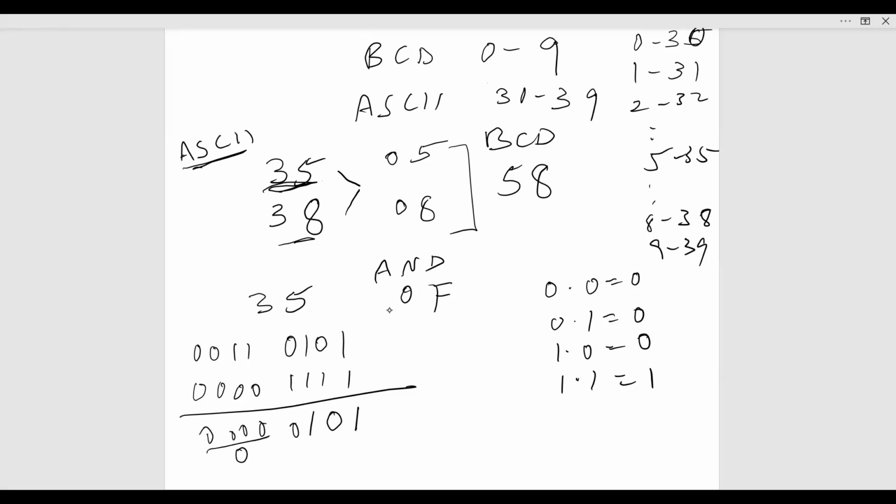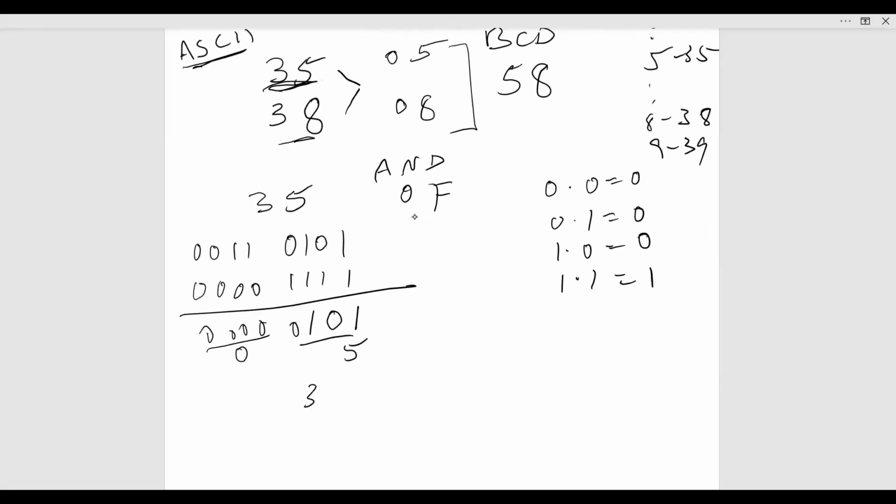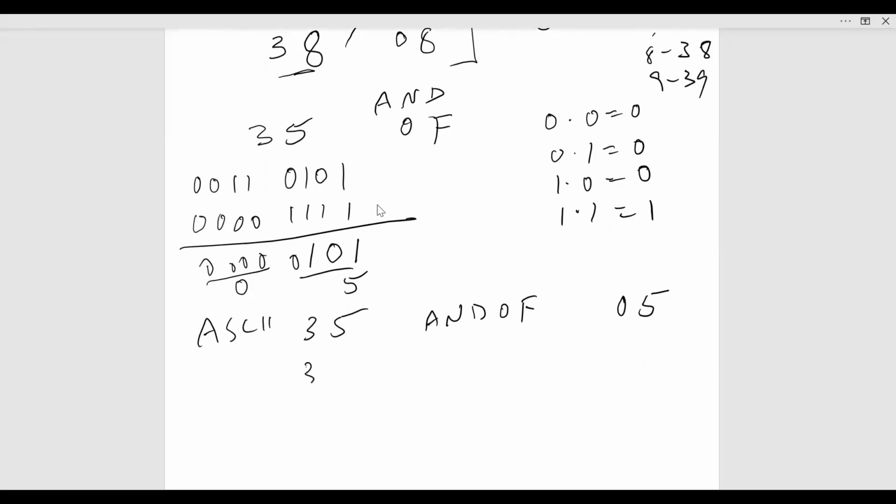This is 0, this is 5. So, if we perform AND operation on the ASCII value 35 with 0F, we get 05. Similarly, if you take ASCII 38 and again perform AND operation with 0F, then we'll get 08.